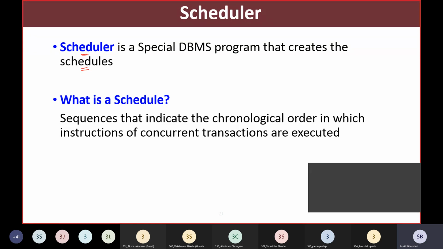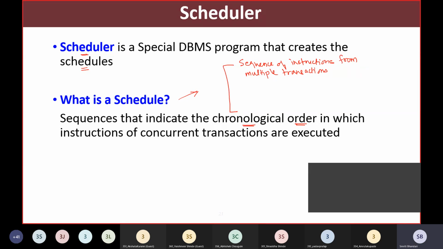I'll repeat, what is a schedule? A schedule is a sequence of instructions from multiple transactions, right? So this sequence gives us a chronological order in which the instructions of concurrent transactions are executed.